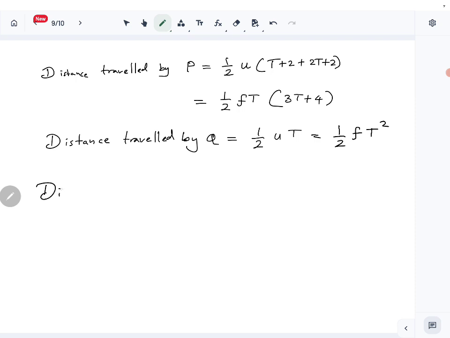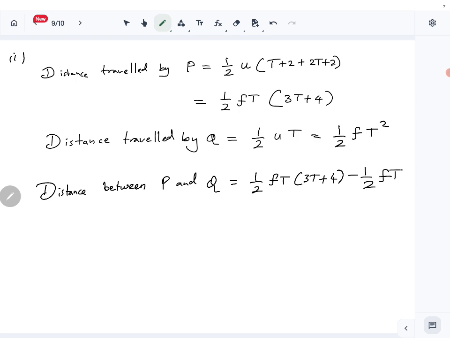So the distance between P and Q is half fT times 3T plus 4 minus half fT square. We'll take half fT out.